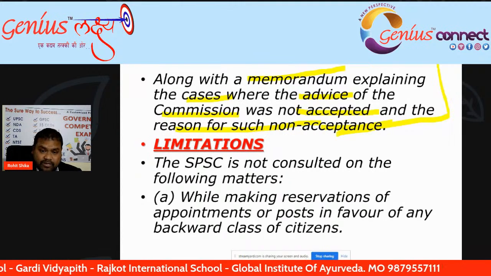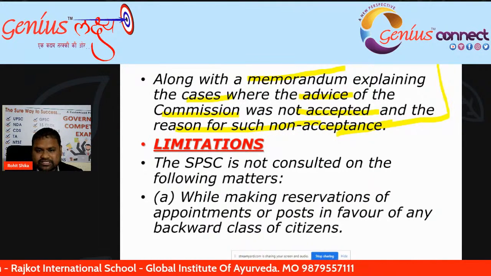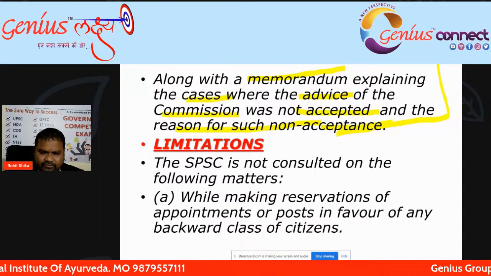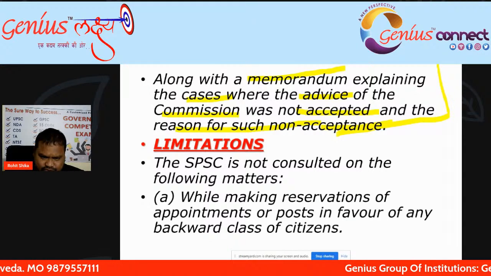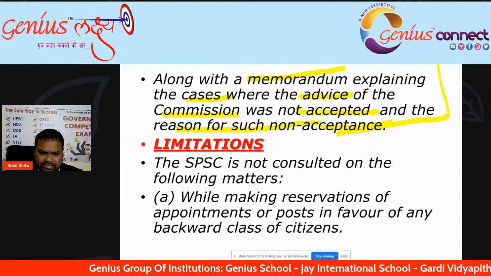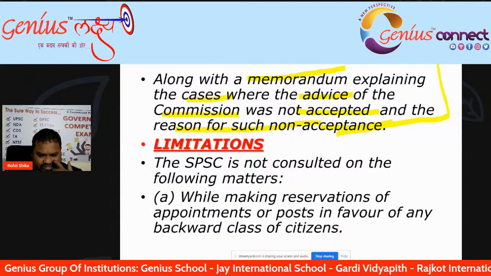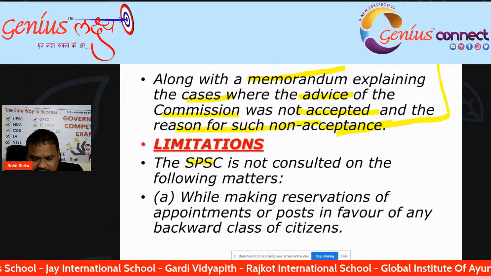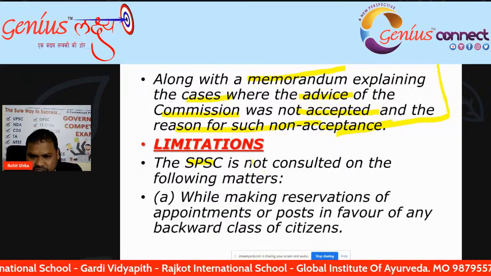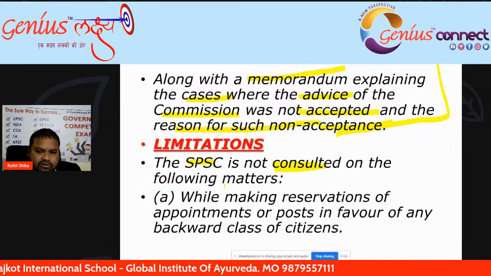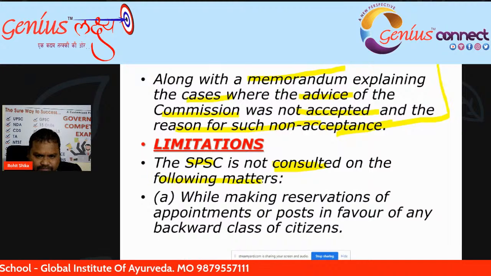So the State Public Service Commission has various challenges, limitations and disadvantages. So what are the challenges, limitations and disadvantages of State Public Service Commission? Let's see. The State Public Service Commission is not consulted on following matters.